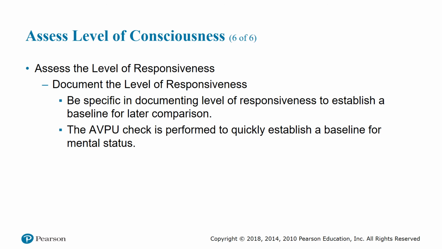And also, when you have a patient that may have an insult, what they could do that they no longer can do in the course of your treatment. The trend is very important. When I got there, they were able to talk to me, and now they're mumbling and I can't understand them 15 minutes later. Well, that's very important. That's good information to pass on because it denotes that this person is degenerating and also gives us some idea how fast. The AVPU check is performed to quickly establish a baseline for mental status, which is a summary statement. Basically, that's what we're trying to do.